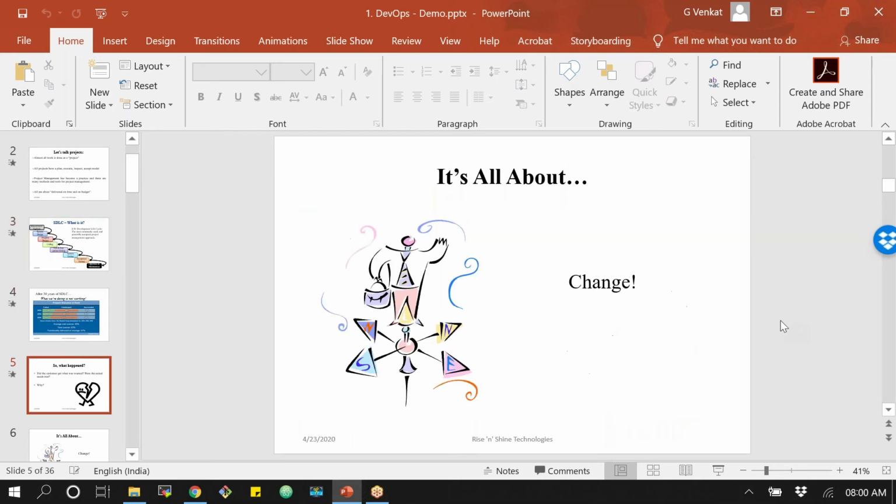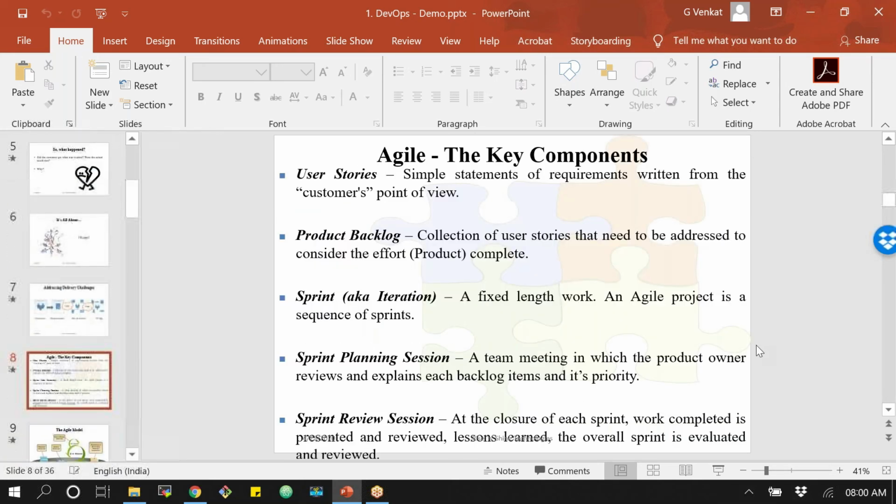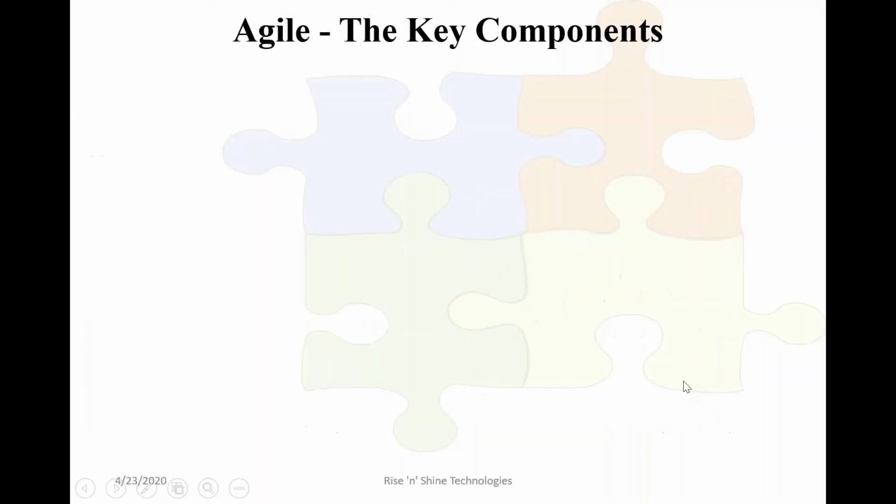So the client himself is one of the members in the process. That means every day he communicates with the development team and evaluates the requirement he has given. By the end of the day, he tests whether the work is implemented by the developers as expected.